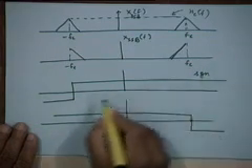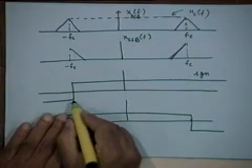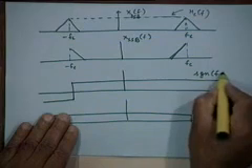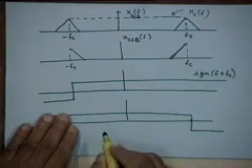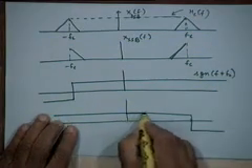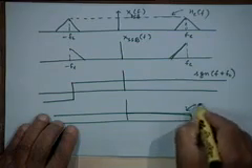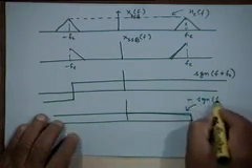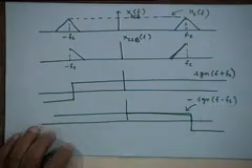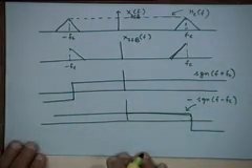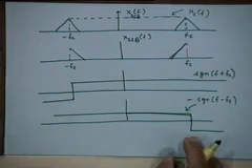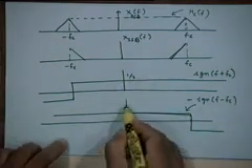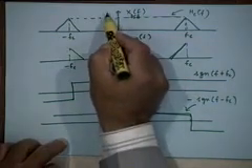Signum of, where is the signum function located here? Minus FC. So this will be signum of F plus FC, right, and this will be correspondingly minus signum of F minus FC. If I add up these two functions, of course let's say take the amplitude as half, so that after addition this will give you 1 here.